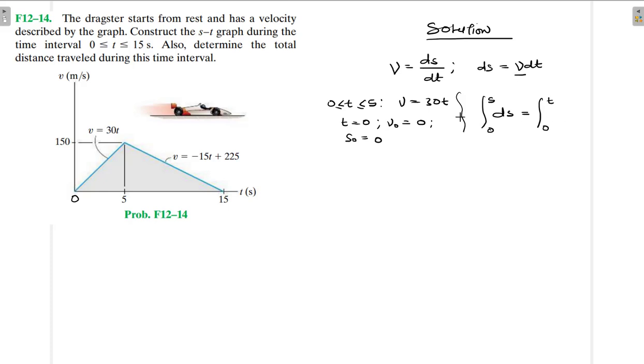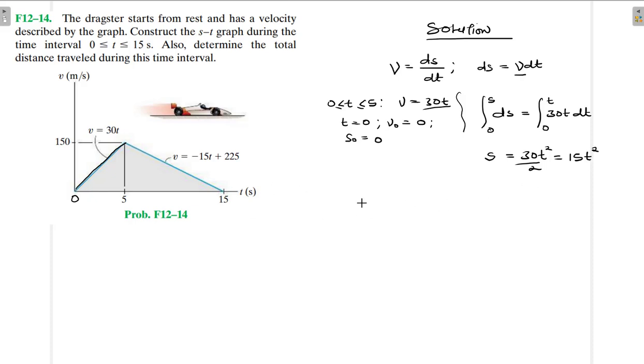V we replace by 30t, and dt. We did an integration here. We find that we'll have s equal to 30t squared over 2, which is equal to 15t squared. This is the quadratic.